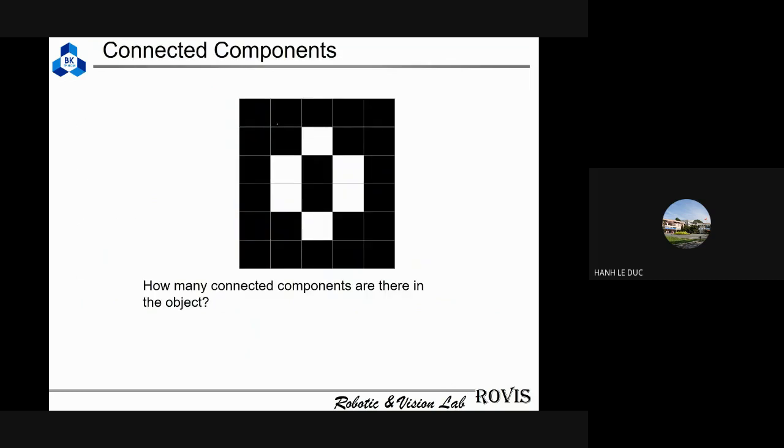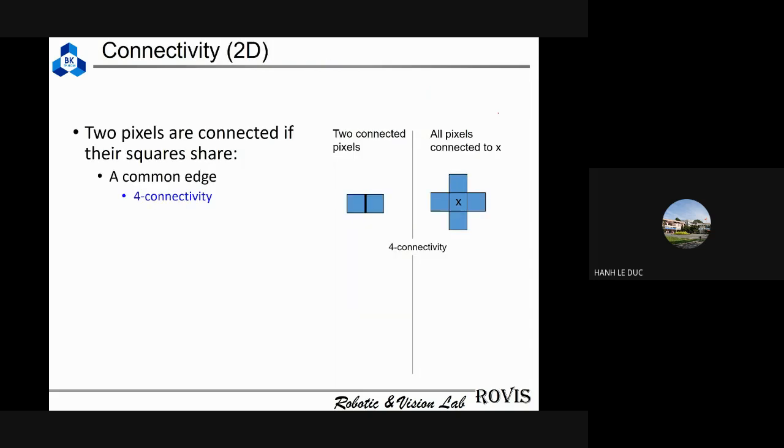Based on the type of the connected component, we will have the objects. For example, if we use two kinds of connected component, we will have two objects or one object. So let's define what a connected component is.